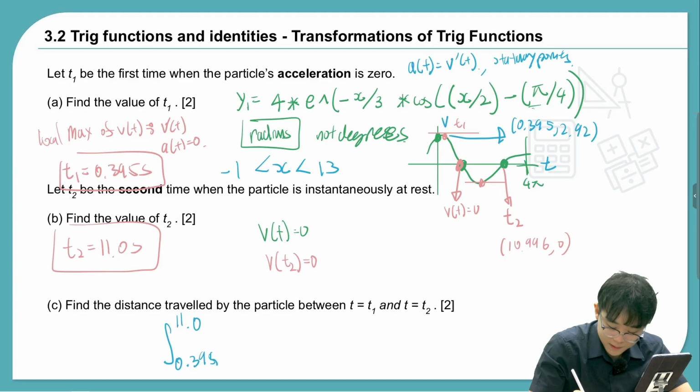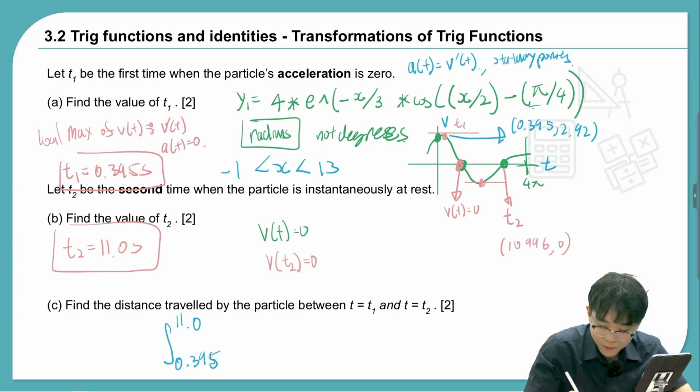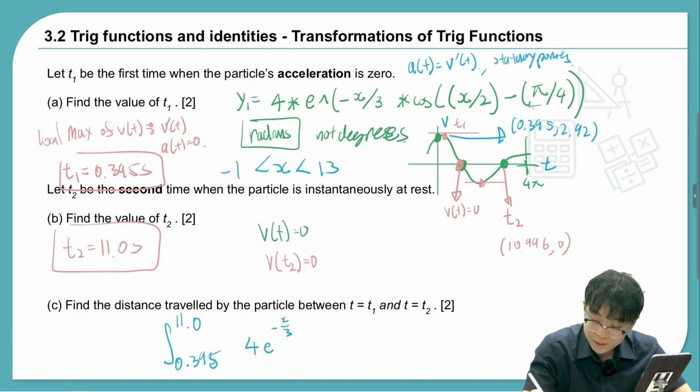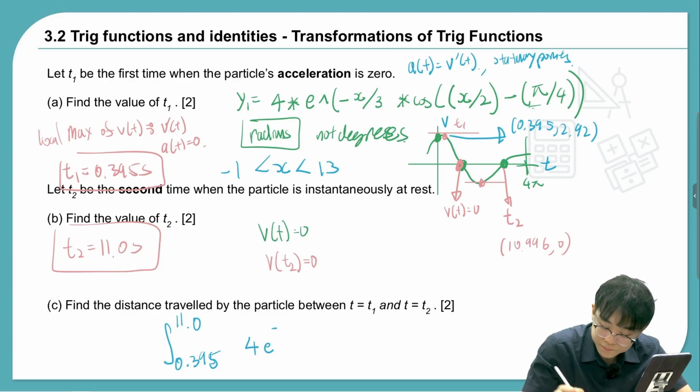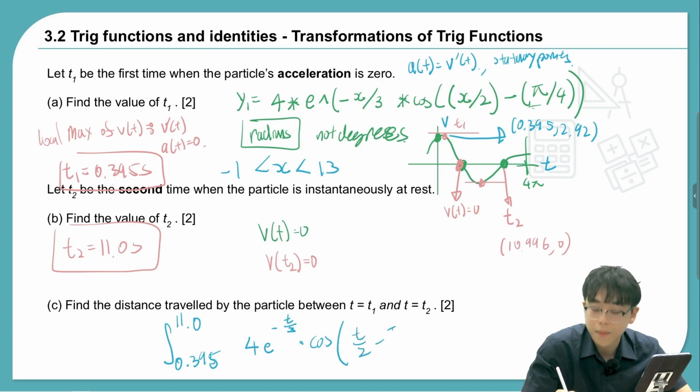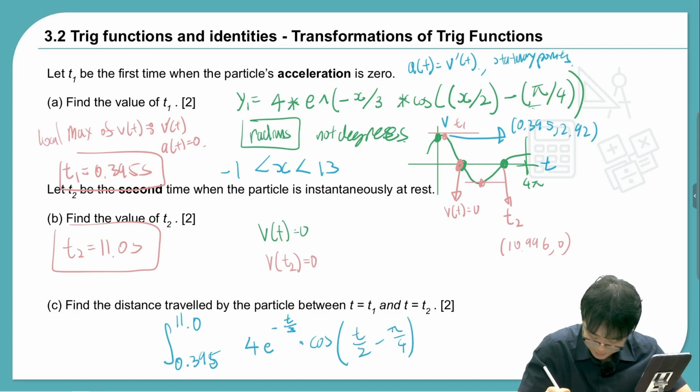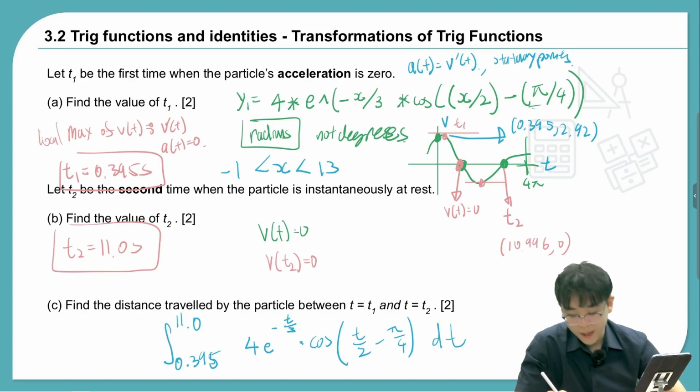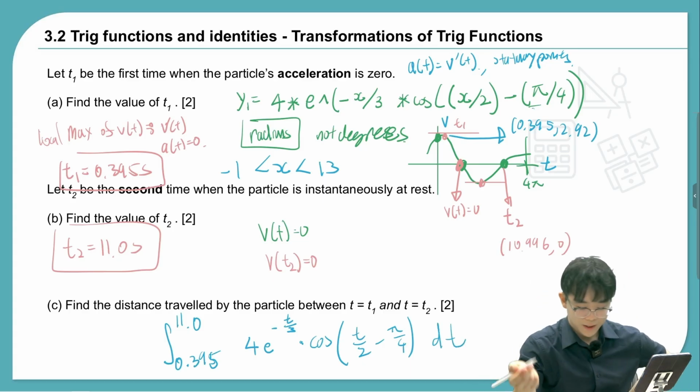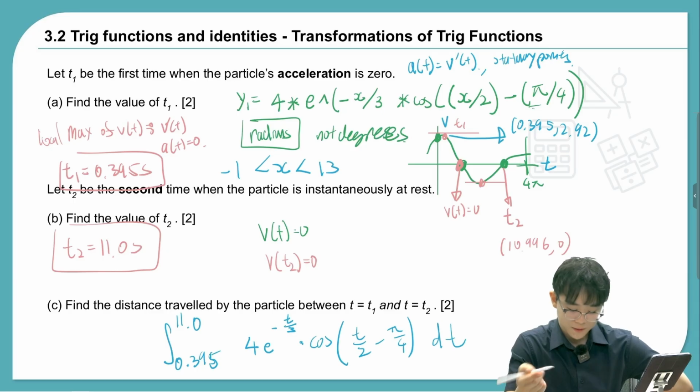So you might think it's just a matter of writing this expression, like t over 3, and then cosine t over 2 minus pi over 4 dt. So x and t are interchangeable. In your calculator, you would probably use x instead of t.